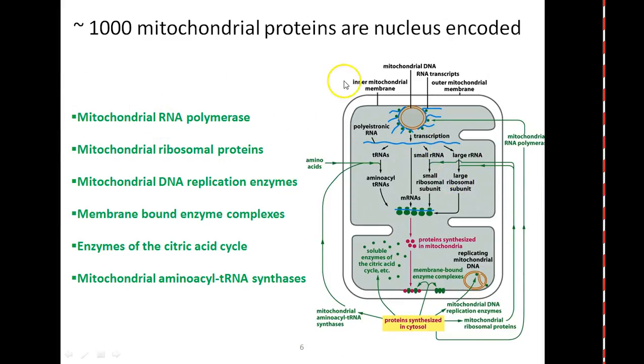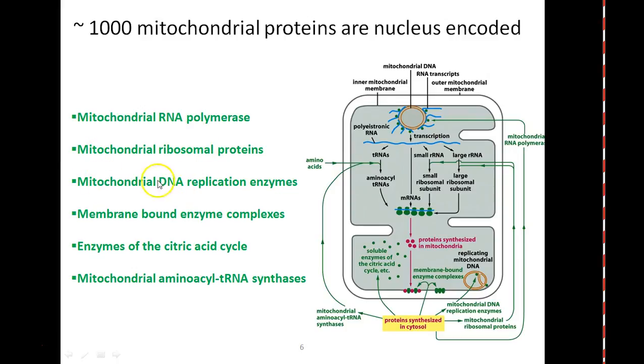So first here we have a mitochondrial RNA polymerase. We know that mitochondria have their own genome, but in order for this genome to express the genes, or tRNAs, small RNA, they need an RNA polymerase. And they do not encode their own RNA polymerase, so they have to import this protein from the cytoplasm.